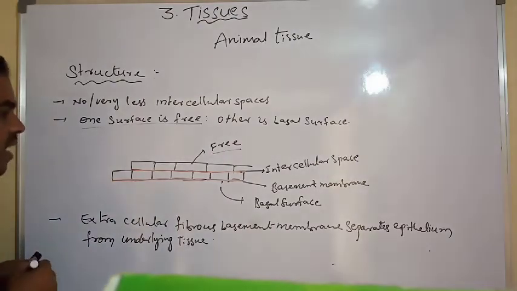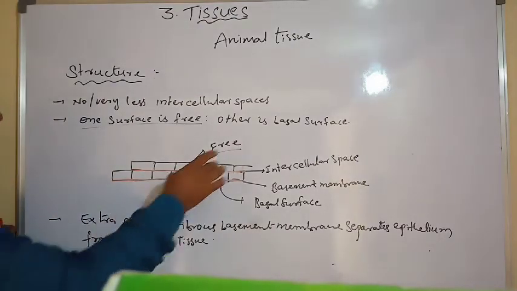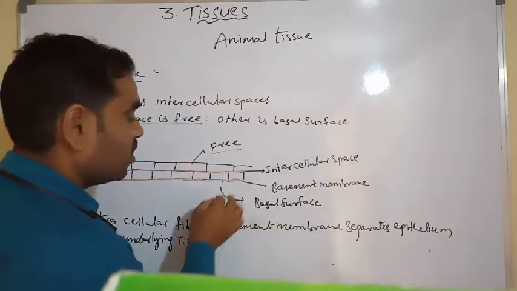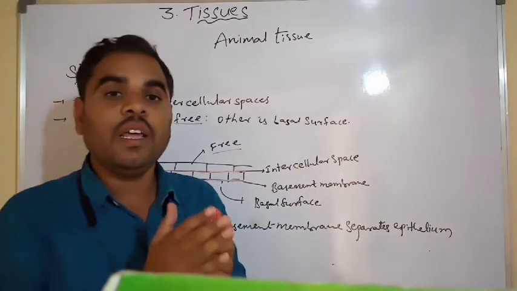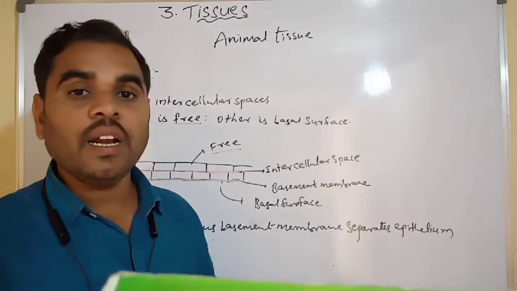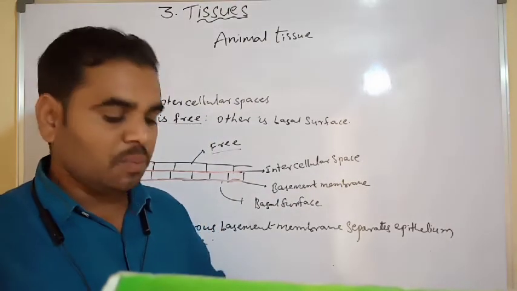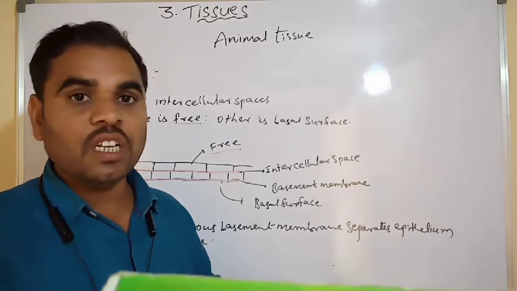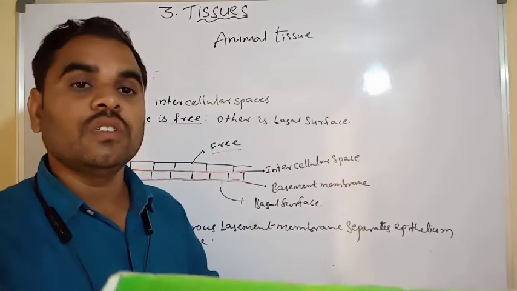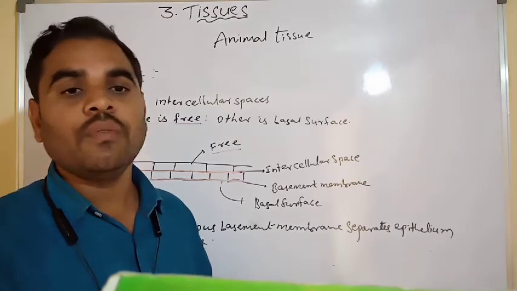Next, here this is the free surface and no intercellular space, so it is tightly packed. On our skin it is very tightly packed. If you touch smoothly, there is no harm. But if you rub hard, what will happen?